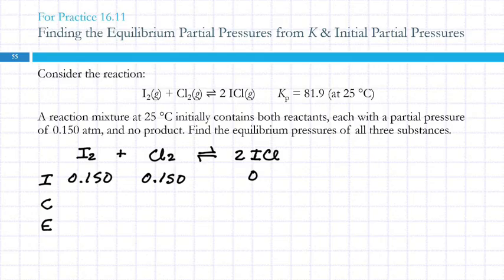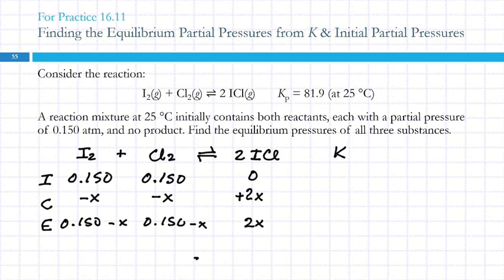So this has to be plus x, and it needs to be 2. And this will be minus x, and this will be minus x. K is ICl squared divided by I2 times Cl2. So this is the Kp. If they gave us the Kc, we would have to convert it to Kp.